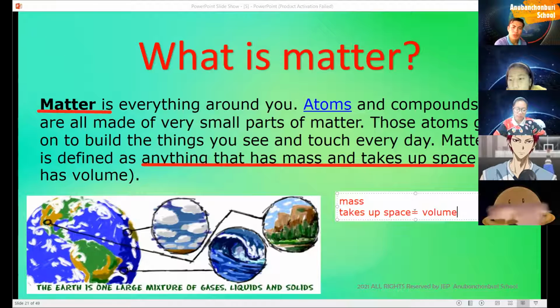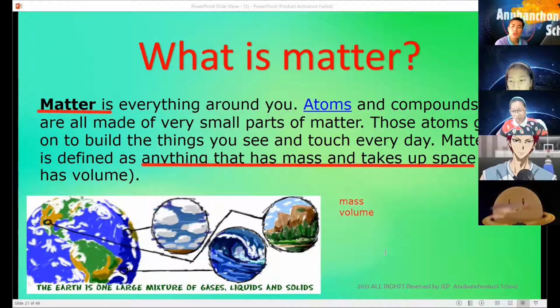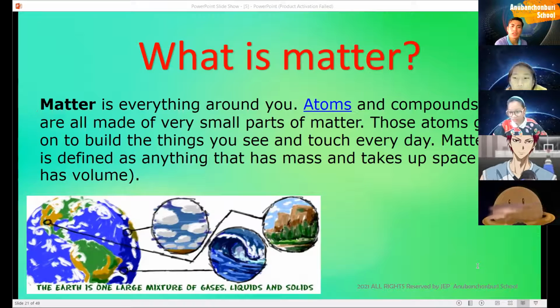To make it shorter, we can just say matter is anything that has mass and volume, because takes up space means the volume. Let's now proceed to the next slide.